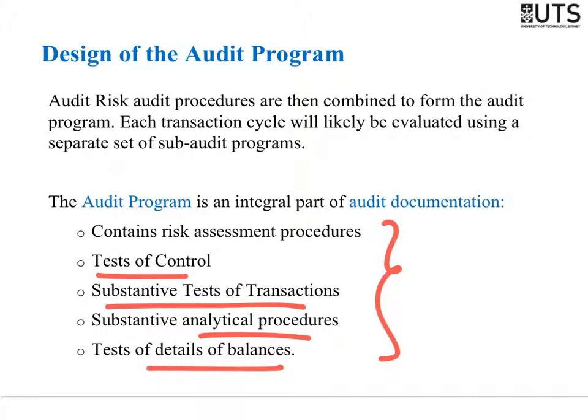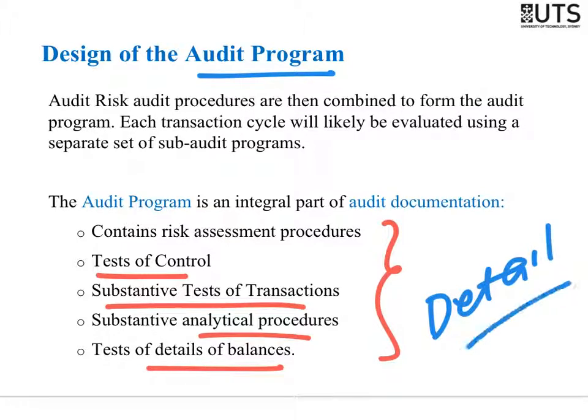What's incredibly important about this stage when you're developing your audit program is you have to be detailed. Okay? The detail is the most important part of documentation, which I'm going to talk about in just a minute. So you must be detailed: exactly who is supposed to complete this test, when are they supposed to do this test, how are they doing it, what are the detailed instructions of how they need to complete the test that they've been assigned?